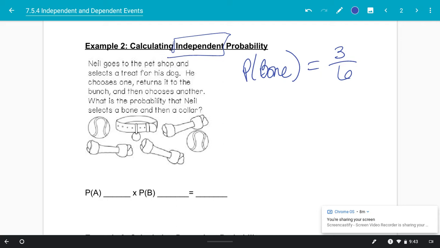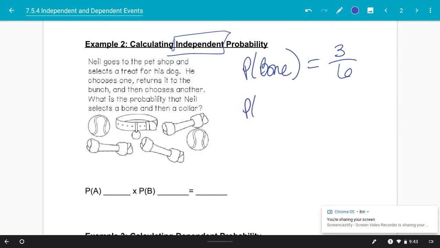Right now, because he puts the bone back, we still are looking at the same selection of items. So that's not going to change our probability of then selecting a collar because he returned the bone back to the pile. So now our probability of selecting a collar is how many are there out of how many total items. So there is 1 collar out of our same 6 total items still.